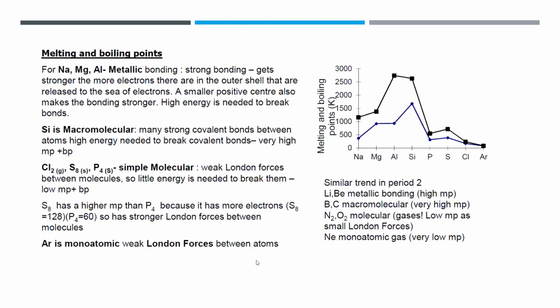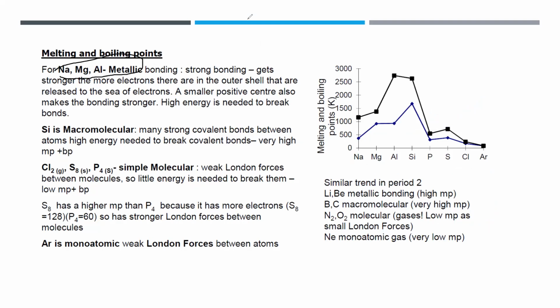The melting and boiling point, what we observe is the trend in the melting and boiling point. As you know, sodium, magnesium, and aluminum are metals. So metals have a strong lattice of positive ions and free electrons. So as we move across the period, for the first three elements, the melting point increases.